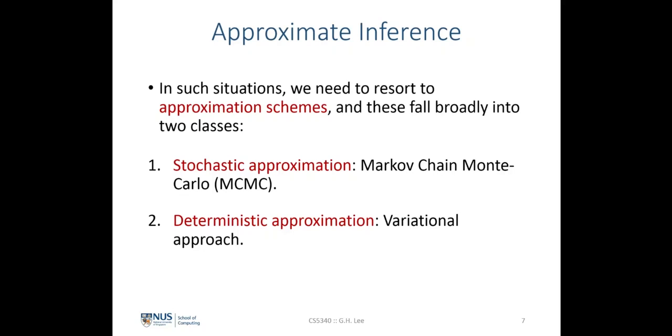We also call the variational approach the deterministic approximation or the deterministic approximate inference algorithm, in comparison to the stochastic approximate inference algorithm of MCMC, which we saw in the previous lecture. This difference will become very obvious after I talk about the variational inference approach, because it doesn't use any random sampling.